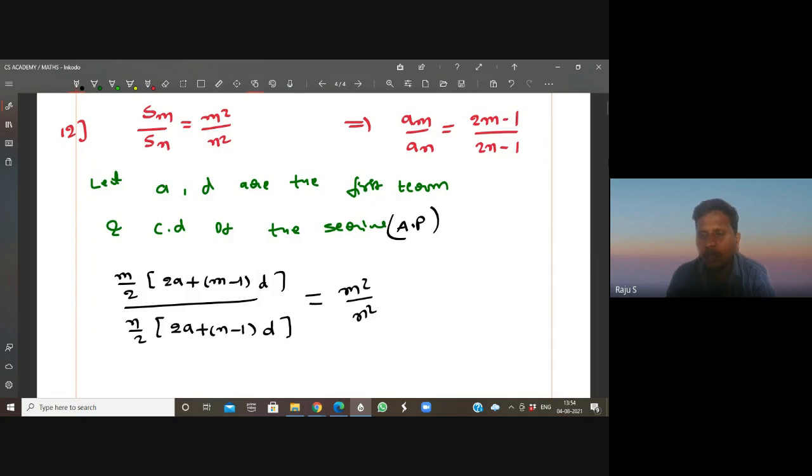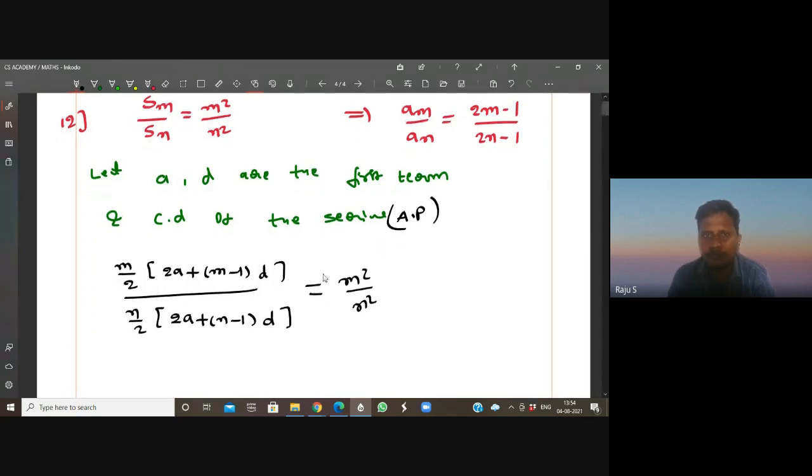Yes, students, all of you simplify this. Am I right? After that, shall I cancel 1m, 1m, 1n, 1n? Finally, the remaining value is 2a plus m minus 1 into d by 2a plus n minus 1 into d is equal to m by n, right?